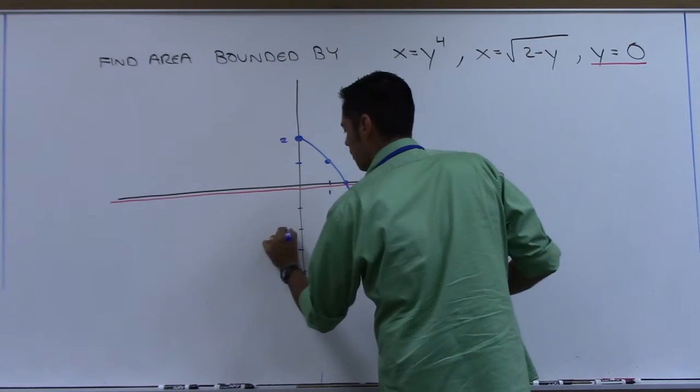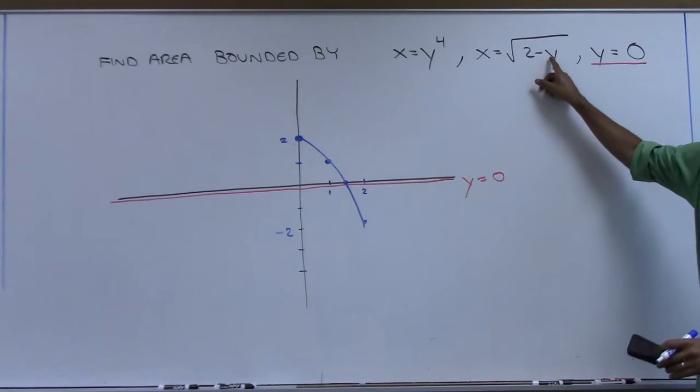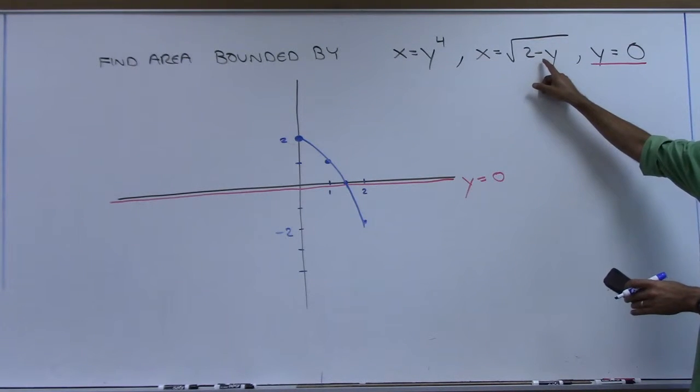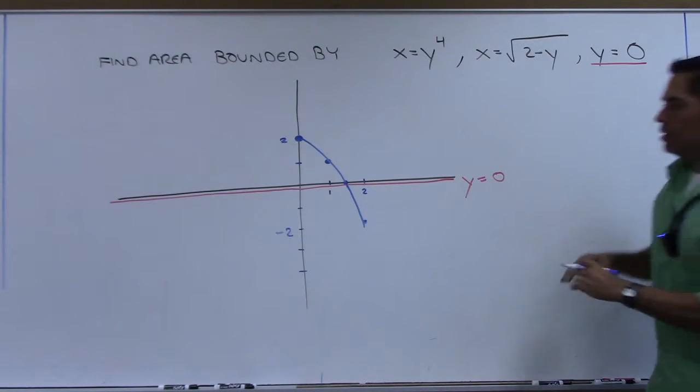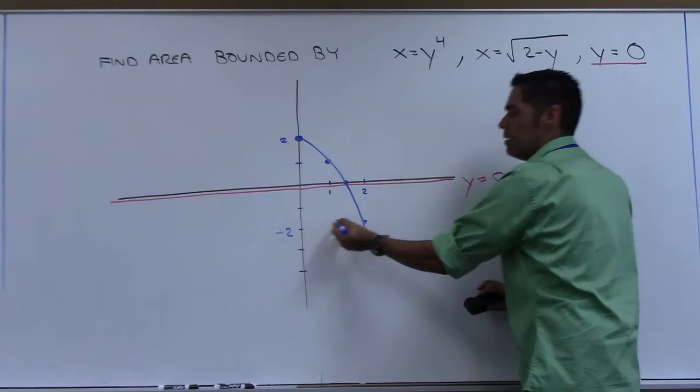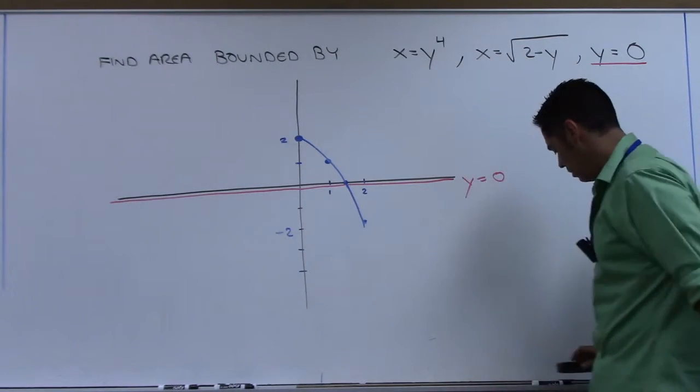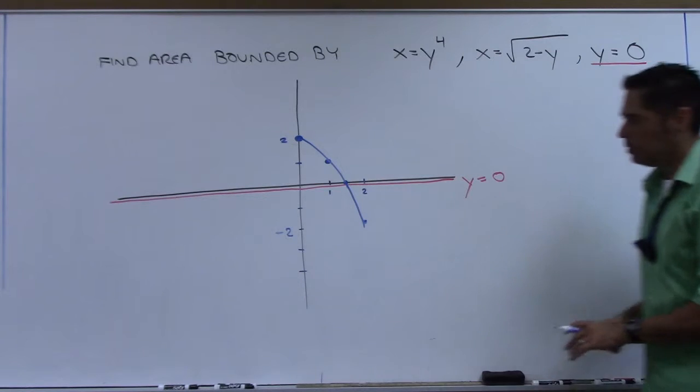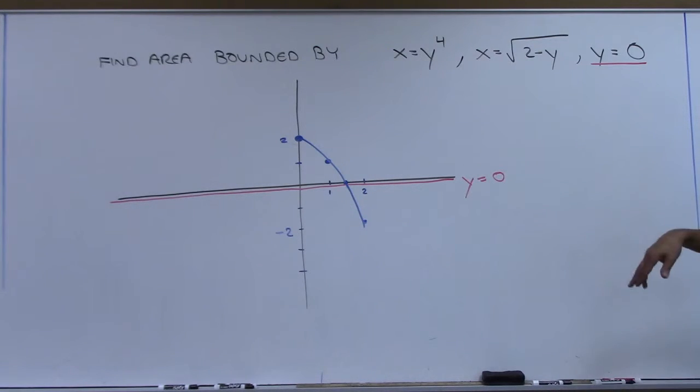At -2 for y, it's 4 in here. Square root of 4 is 2. So at -2 for y, I get 2 for x, and it keeps going. I think that's probably enough for us to get an idea of what's happening here.